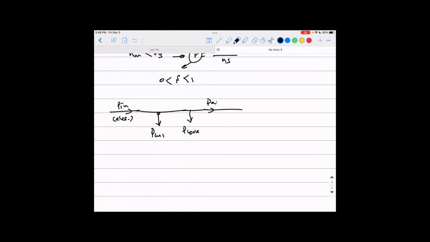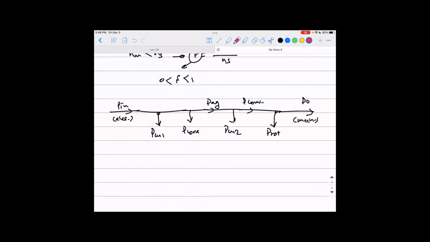The rest crosses the air gap going to the rotor, which is the air gap power. You lose some of it as copper losses in the rotor, and the rest is your converted power, converted from electric to mechanical form. You lose some of it as rotational losses or friction and windage losses, whatever you want to call them, and the rest is your output power, which is mechanical power.